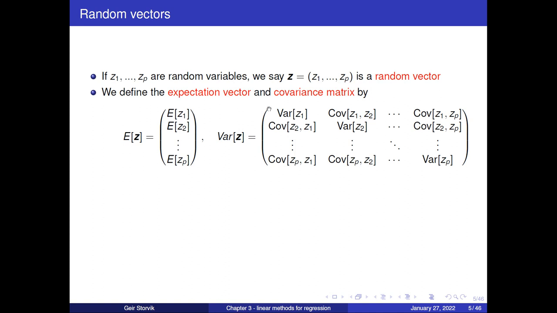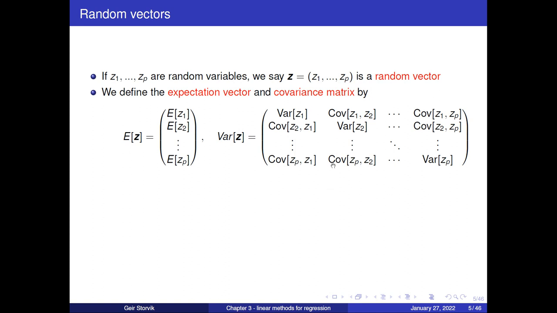That is the expectation vector. But when we want to generalize variance, it is a bit more complicated, because now we not only want to say something about variances, but also about covariances.